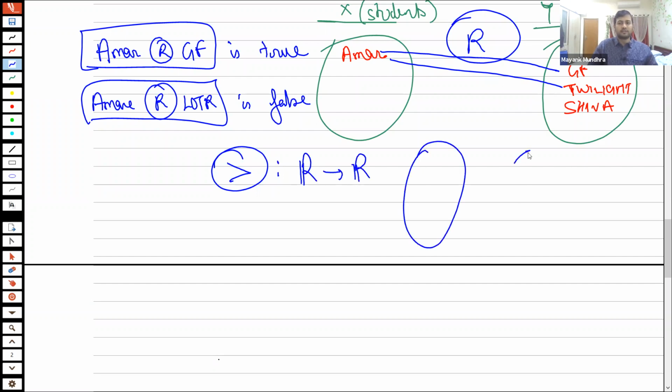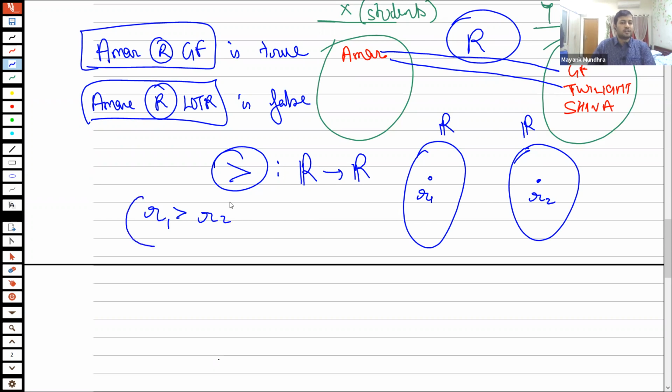So I take the set of real numbers R and R. I take a number here, small r1. I take a number here, small r2. So if r1 is greater than r2, then I write r1 > r2. If r1 is not greater than r2, then I don't write it. Or I say that r1 > r2 is false. r1 > r2 is a binary relationship.